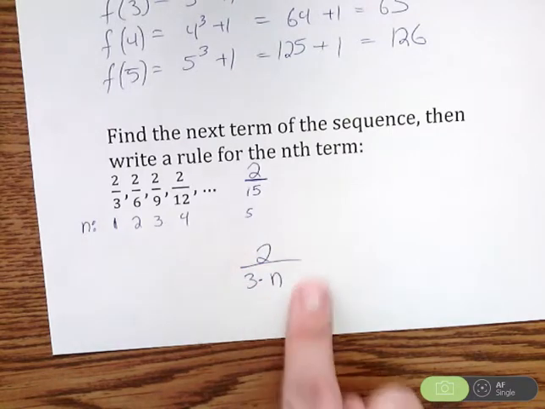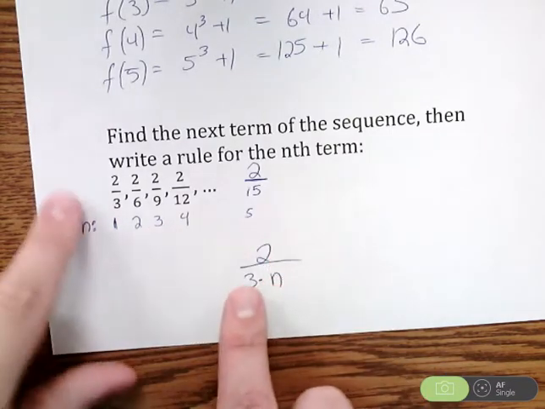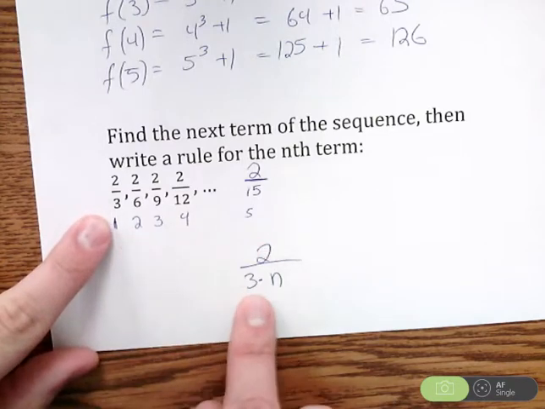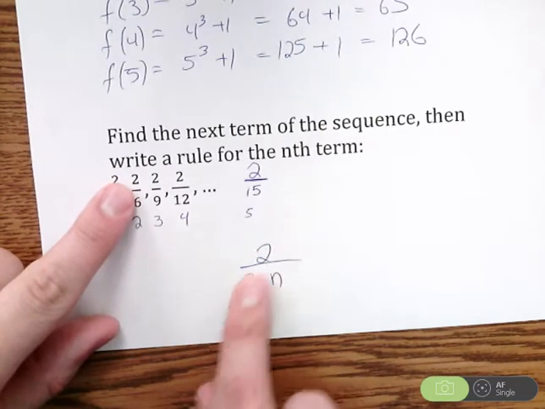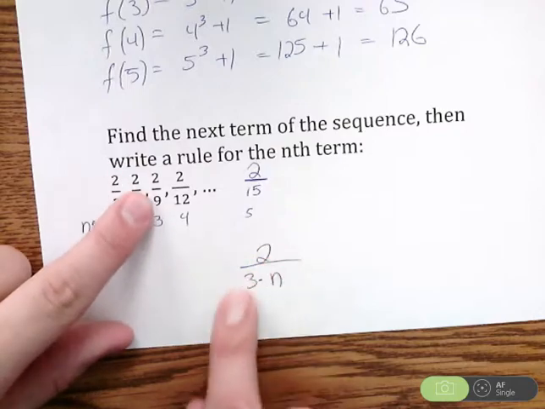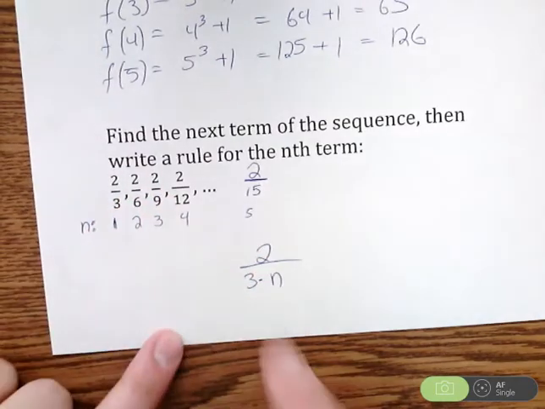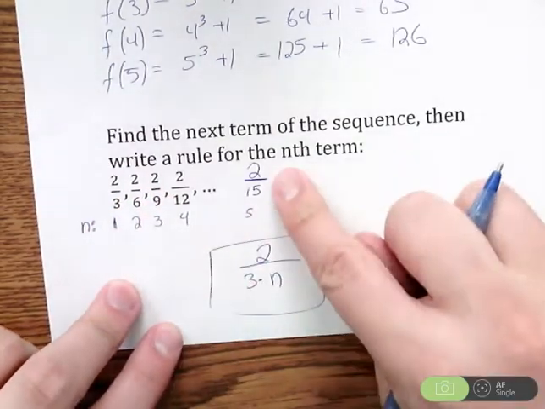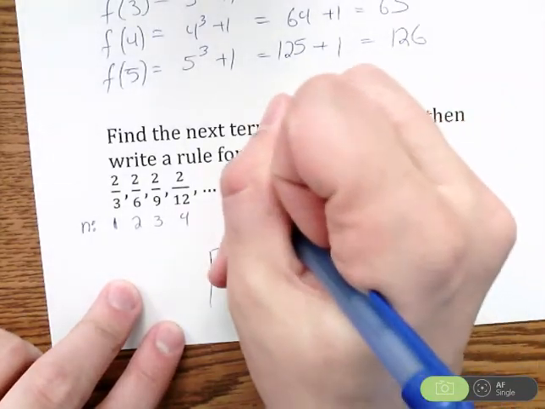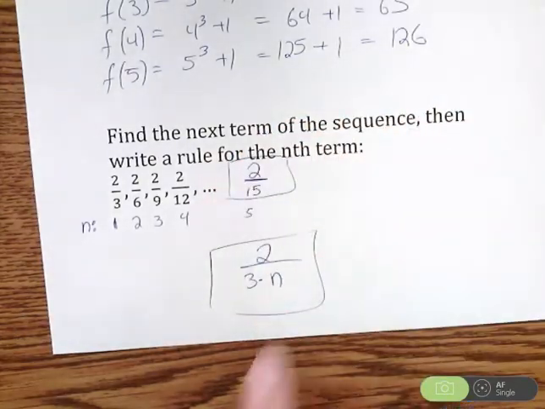If I look at this formula, I want to check and make sure it works for all of them. In the first term, 2 divided by 3 times 1, yep. 2 divided by 3 times 2, yep. 2 divided by 3 times 3, so it works. So this is my next term, the 2 over 15, and my rule is 2 divided by 3n. And that was the basics of a sequence.